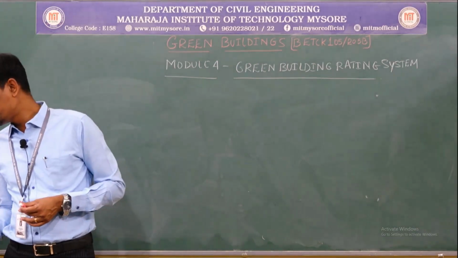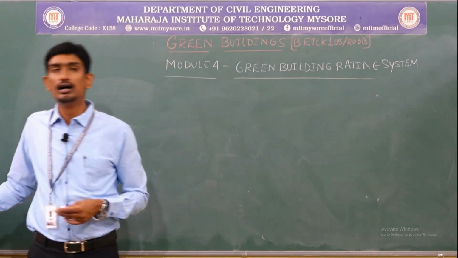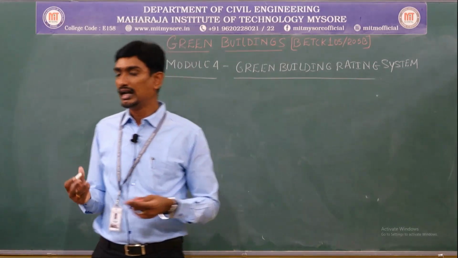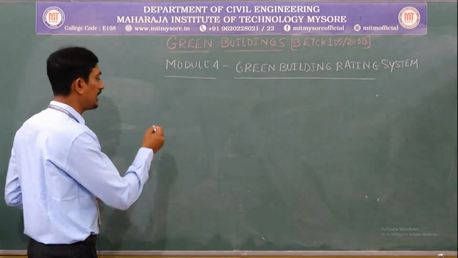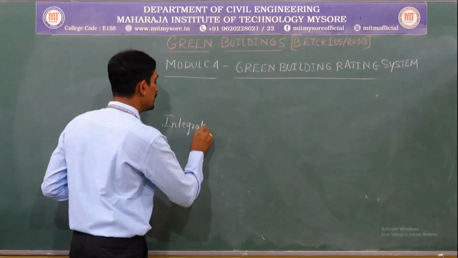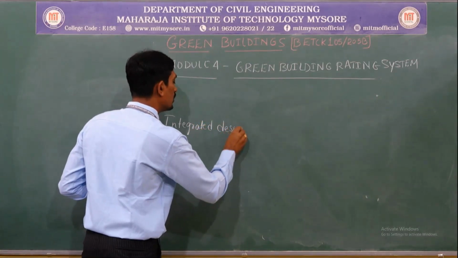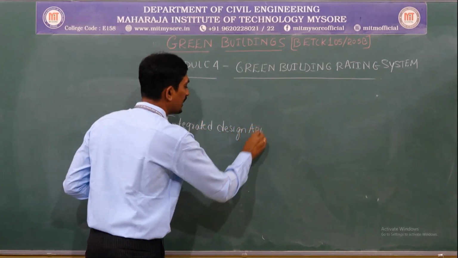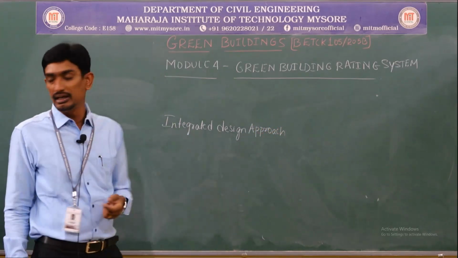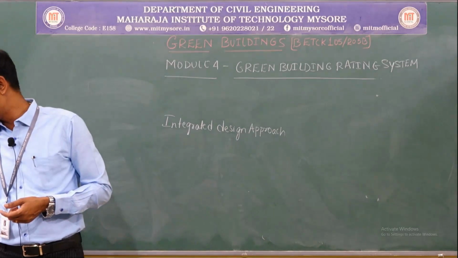And the next thing is that the green building rating system is an integrated design approach. It is a very important thing. Integrated design approach. This is another way I can define the green building rating system.